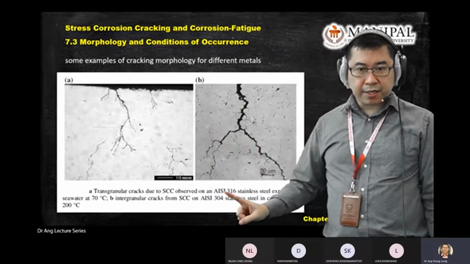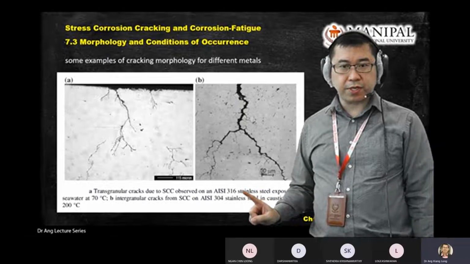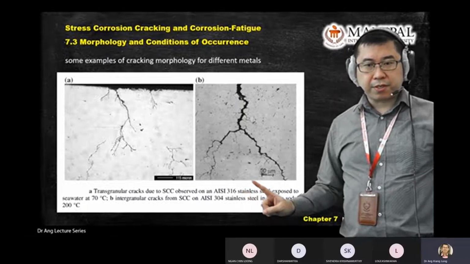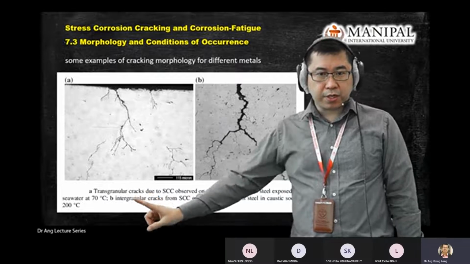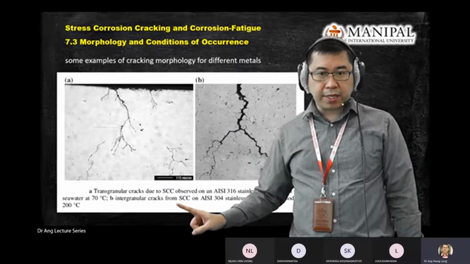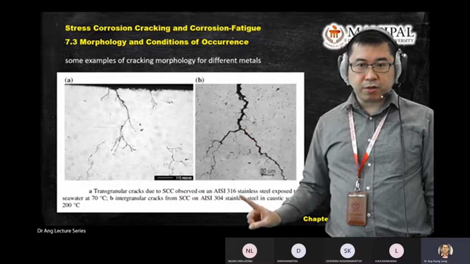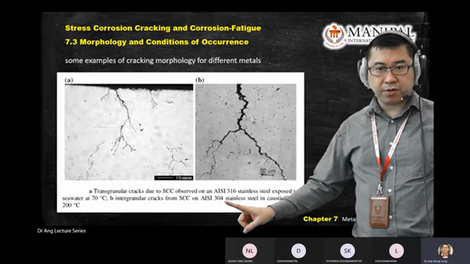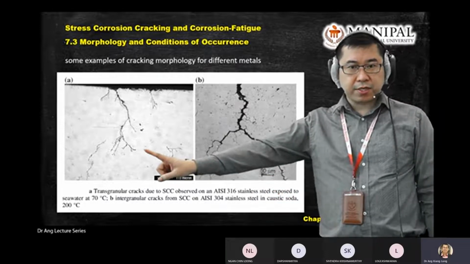Okay, and the material that you're seeing here is stainless steel 316, stainless steel exposed to seawater. B is intergranular cracking, also stainless steel, but a different stainless steel: 304. This is 304. This is 316.